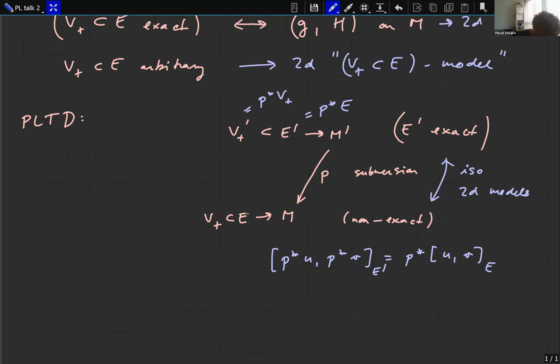What is slightly less obvious is how it works with the anchor map, with rho.